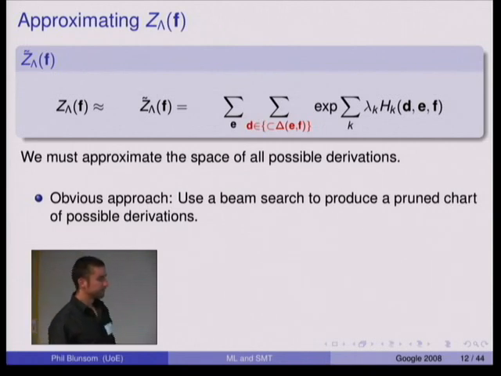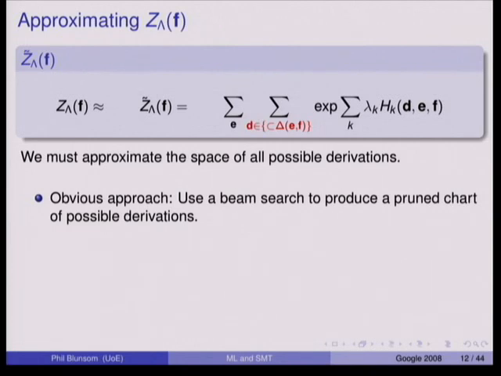Okay. So the interesting thing now becomes what subset of derivations should we choose? A first obvious approach might be to use just the standard beam search techniques that we have in machine translation to produce a pack chart and use the space represented by that pack chart to define the partition function. I'll call that the first approach, the beam approximation.